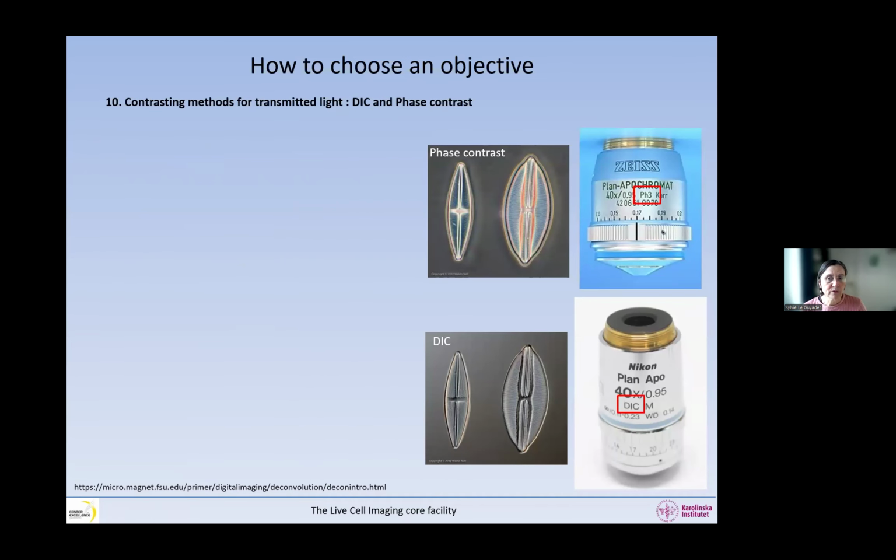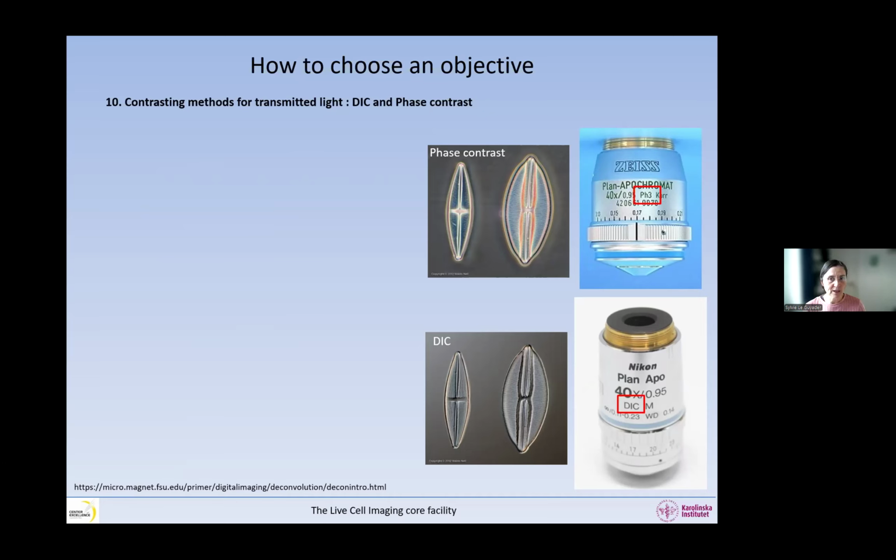One more thing that we have to consider when we choose the objective is the contrasting method that we want to use for transmitted light. So we have said that transmitted light or bright field, which is what is used mostly in our field of microscopy, is a non-invasive method, but it has a low contrast.